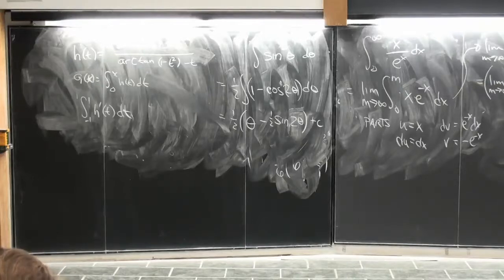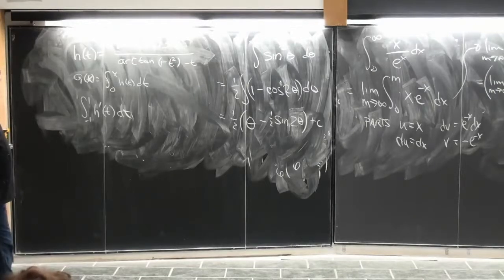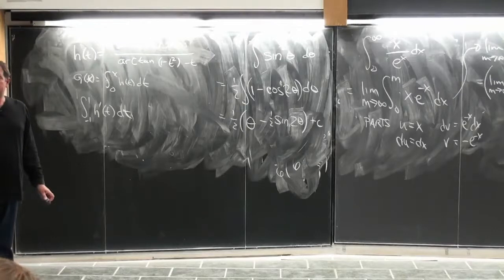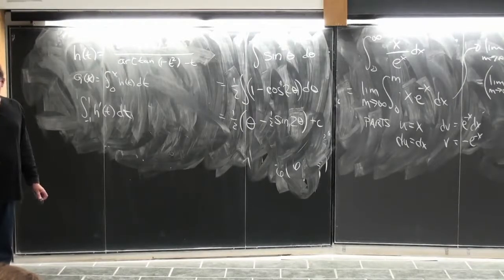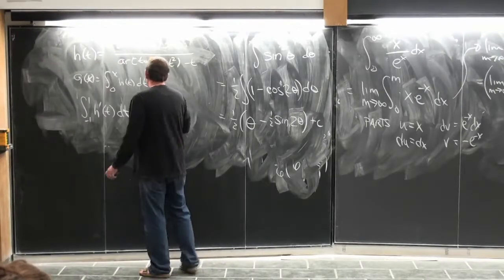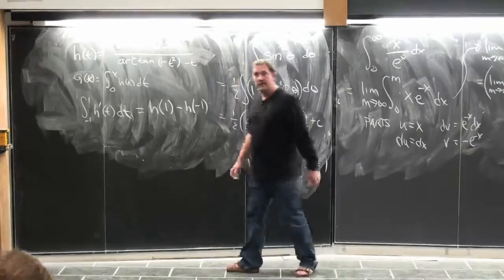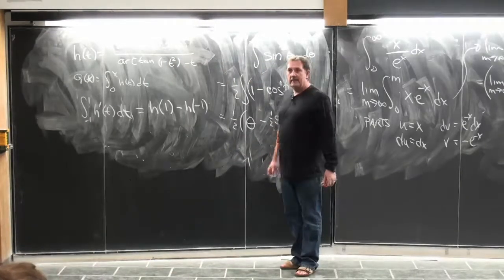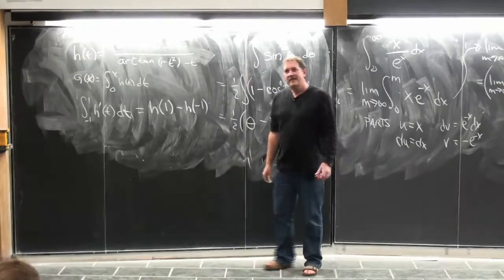Well, this is use the fundamental theorem of calculus here. Right, you take the derivative, and then you're going to integrate it. Oh yeah, I guess it will have an i, won't it? It'll be e to the i, because this is h of 1 minus h of minus 1. Yeah, so it'll have an i. Now it doesn't have an i.